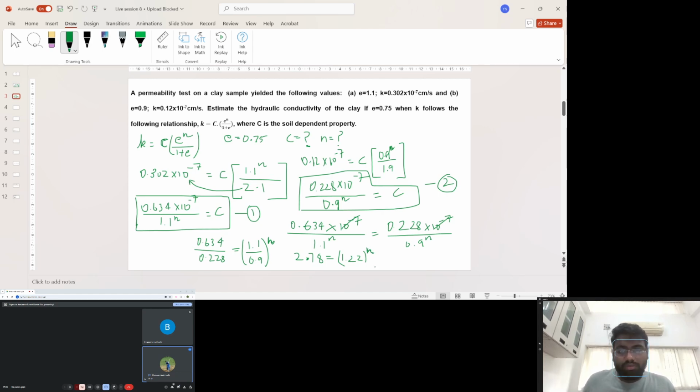Right? So now you can apply log on both sides. So log 2.78 is equal to n log 1.22.